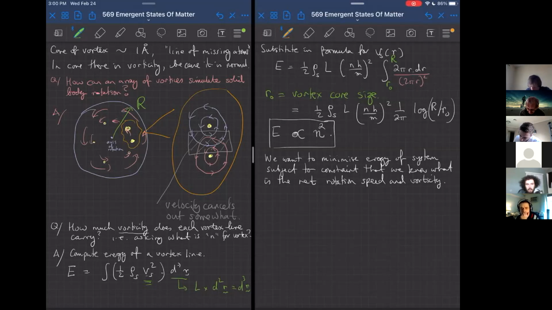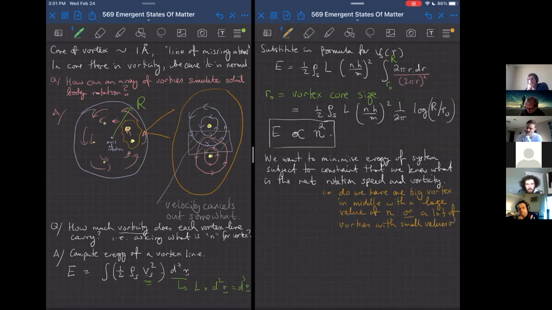We can say it another way: do we have one big vortex in the middle with a large value of n, or a lot of vortices with small values of n? That's another way to ask the question.